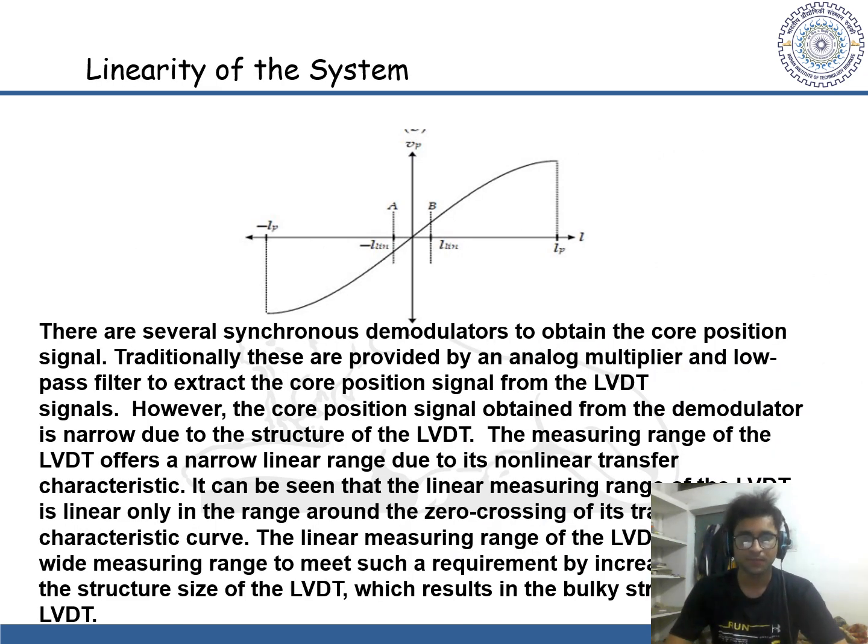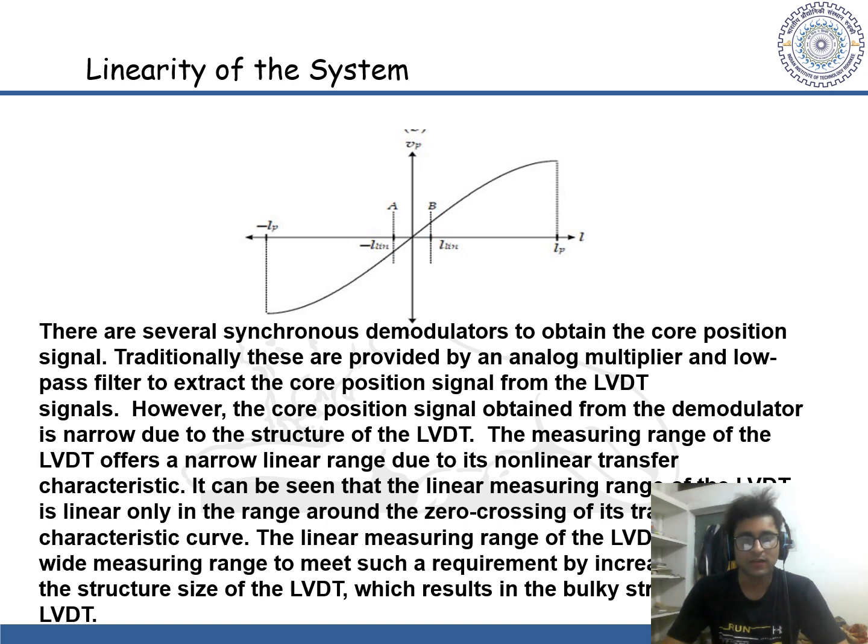Linearity of the system. There are several synchronous demodulators to obtain the core position signal. Traditionally, these are provided by an analog multiplier and low-pass filter to extract the core position signal from LVDT signals. However, the core position signal obtained from the demodulator is narrow due to the structure of the LVDT. The measuring range of the LVDT is narrow due to its non-linear transfer characteristics.